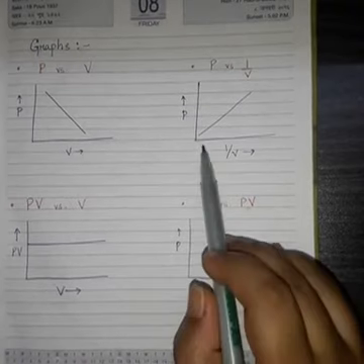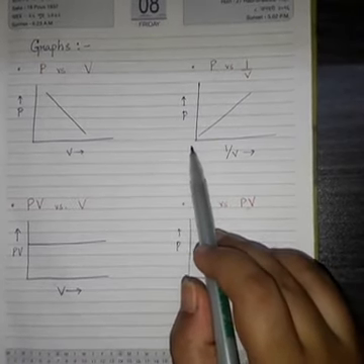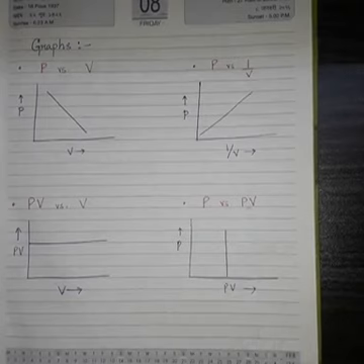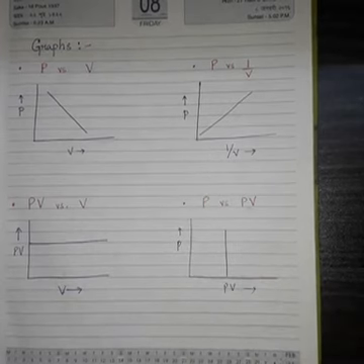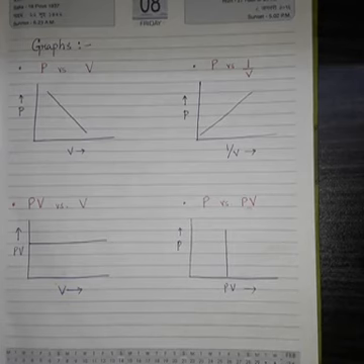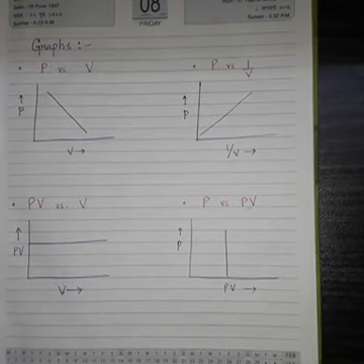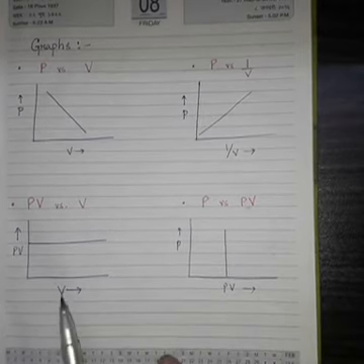But I will not start it from the origin point, because pressure and volume of a gas can never be absolute zero, and the origin means if the coordinates of the origin is 0, 0, it is not possible in science for pressure and volume of a gas to be absolute zero. It's a hypothetical concept.